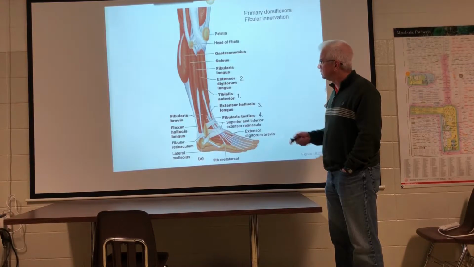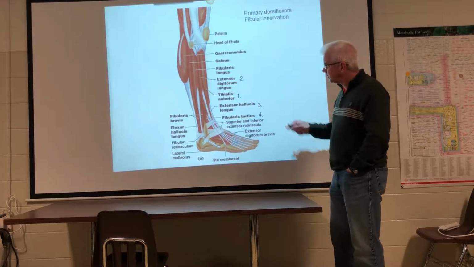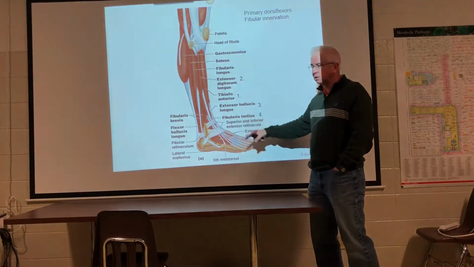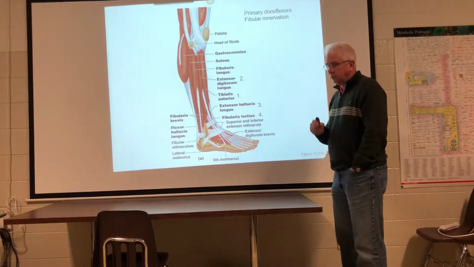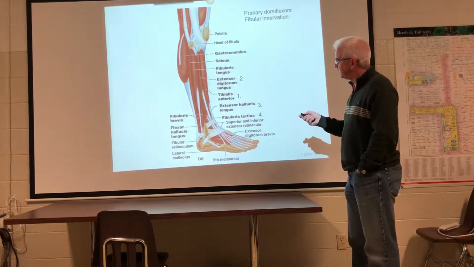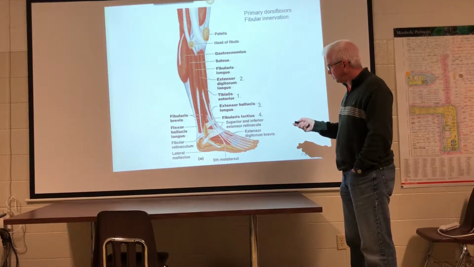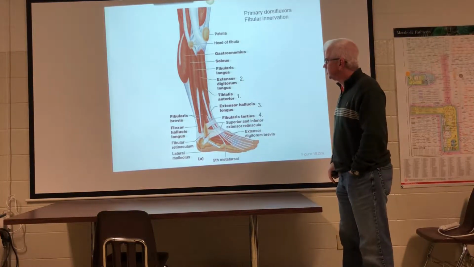Extensor digitorum longus, dorsiflexion. So one, tibialis anterior, two, extensor digitorum longus, three, the extensor hallucis longus. We're going to pause on that one here in just a moment. I'm going to talk about that a little bit more. Tibialis anterior, extensor digitorum, extensor hallucis. That's the big toe, the hallux. So this muscle has an attachment to the big toe.